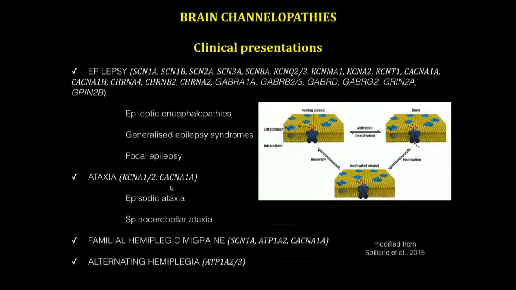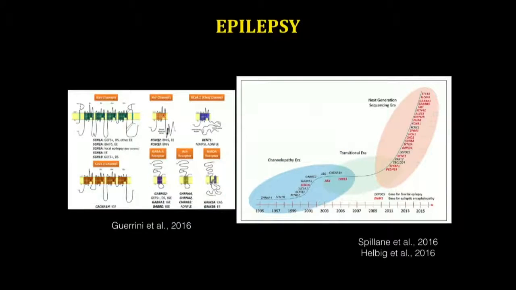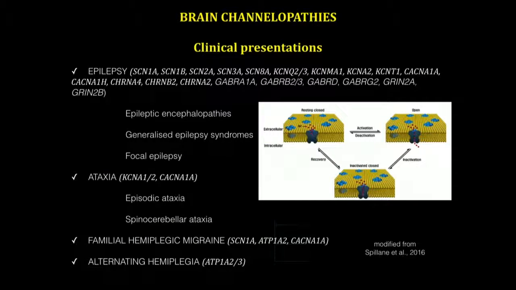But there are also other neurological disorders like episodic ataxia, spinocerebellar ataxia, familial hemiplegic migraine, which is a disorder which has a differential diagnosis with epilepsy, and alternating hemiplegia, a form of hemiplegia which can involve different parts of the body. I will focus my presentation on the epilepsies and will mention a little bit the hemiplegic migraine, which has a close resemblance to epilepsy.